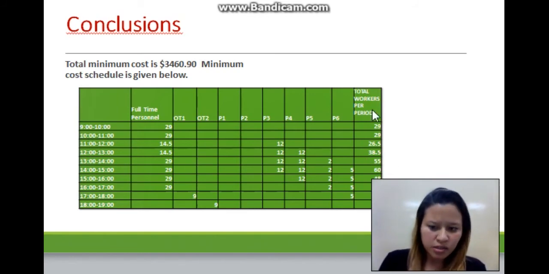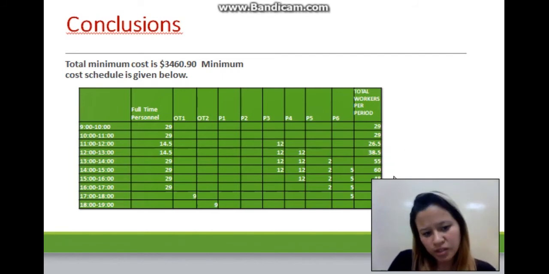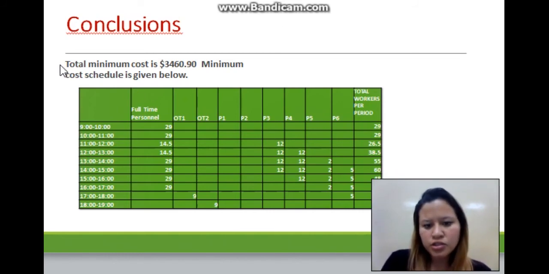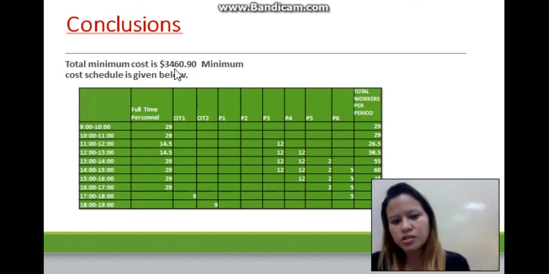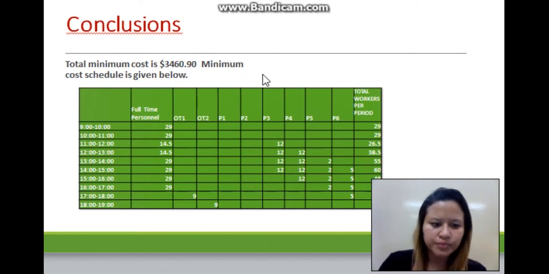So we can see the total number of workers per period of time needed to minimize cost. The total minimum cost is 3,460.90.